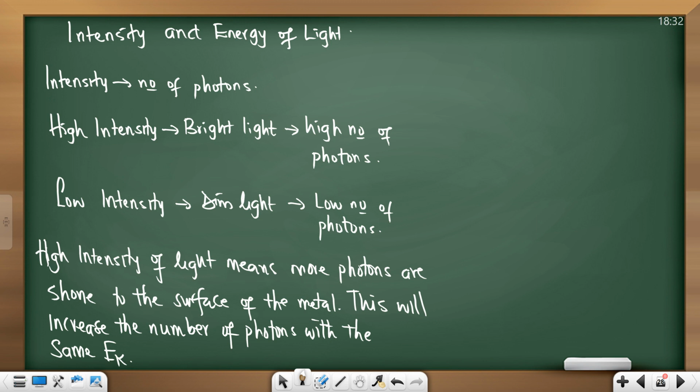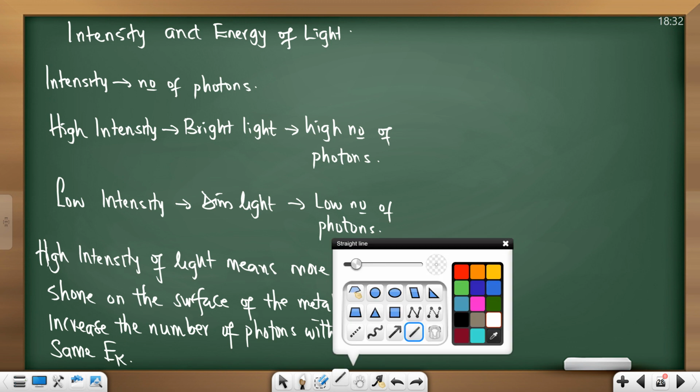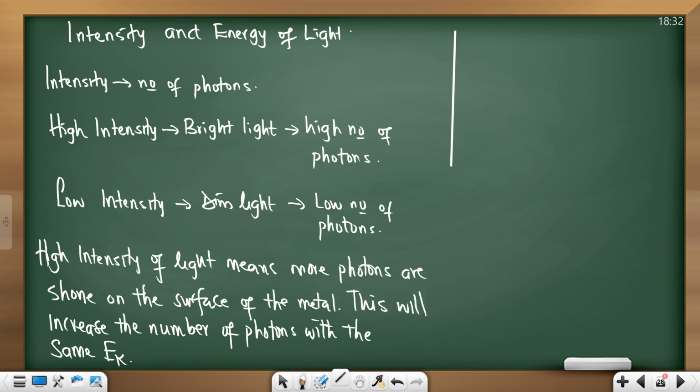So high intensity of light means more photons are shone on the surface, because I changed it. I said released before. Shown on the surface of the metal. This will increase what? The number of photons with the same kinetic energy. Check how an examiner wants to trick you. Let's catch them quickly.